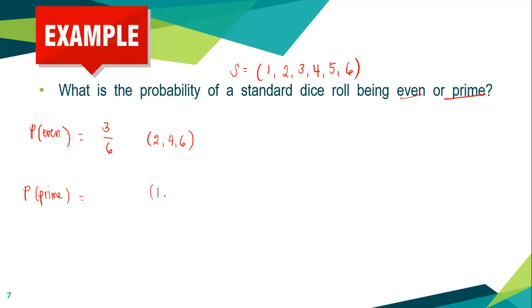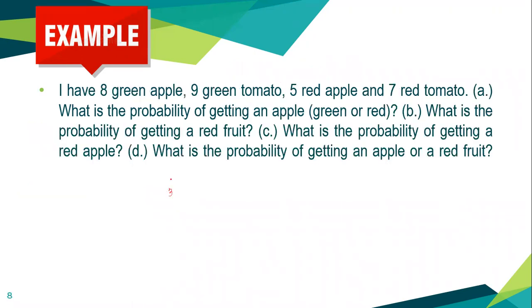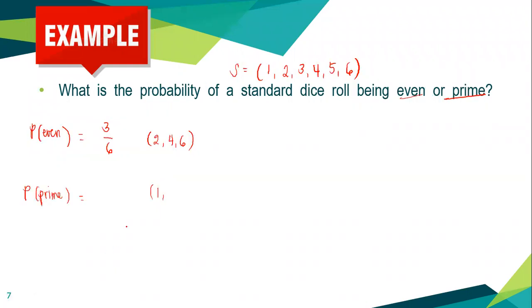We have 1, 3, and 5, and 2. Okay? Do you agree dito sa sinulat kong outcome? We have prime numbers of 1, 3, 5, and 2.